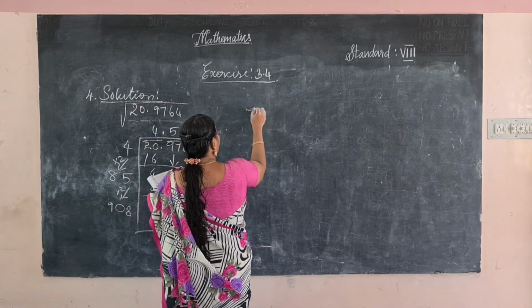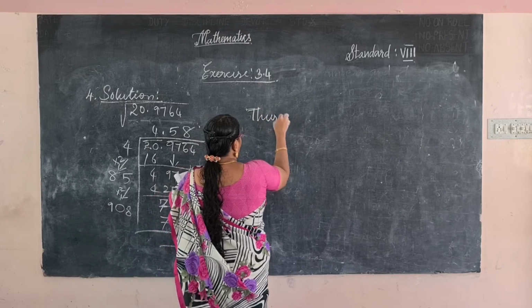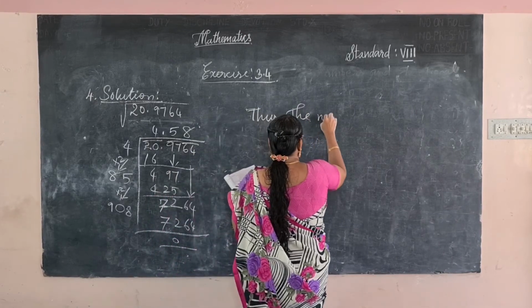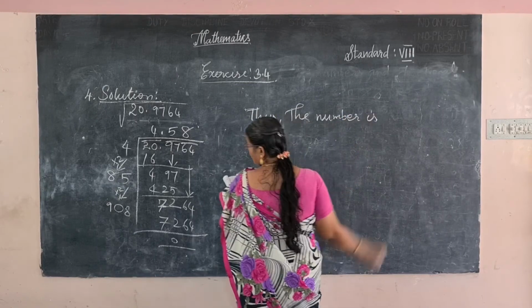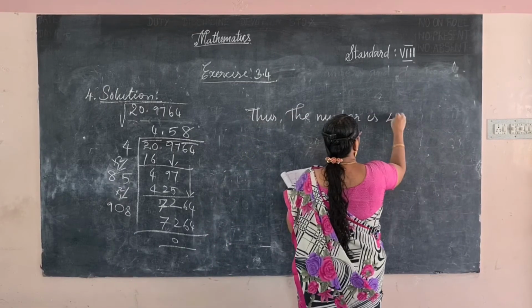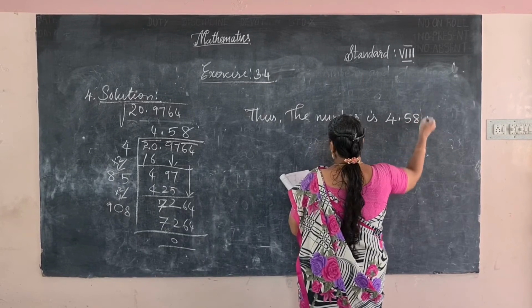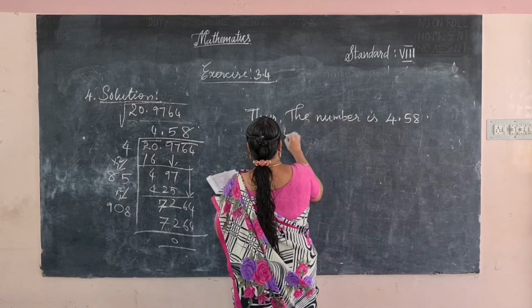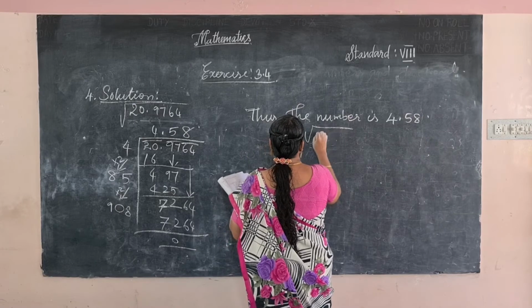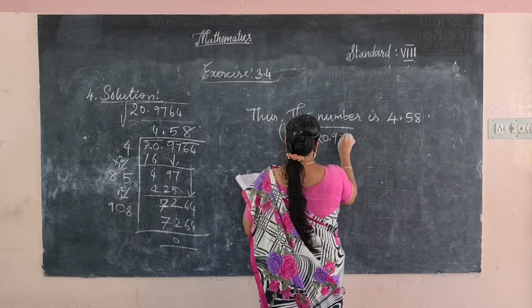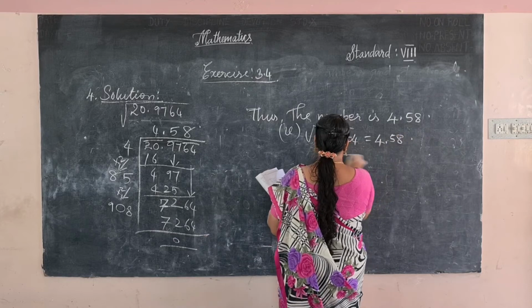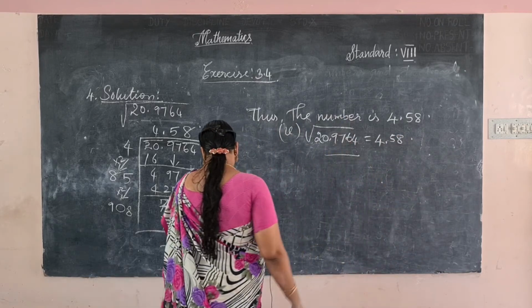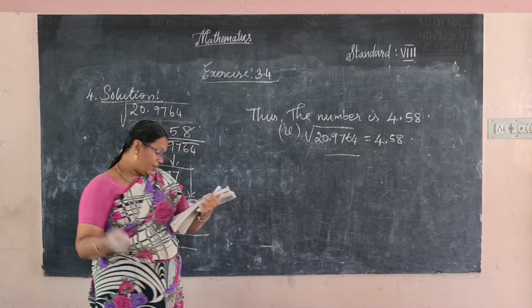Thus the number is 4.58. That is, the square root of 20.9764 is equal to 4.58.